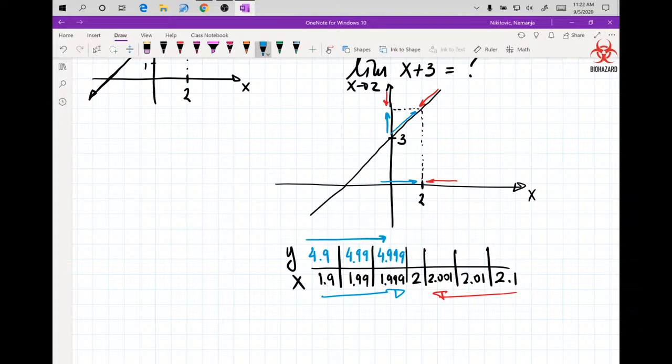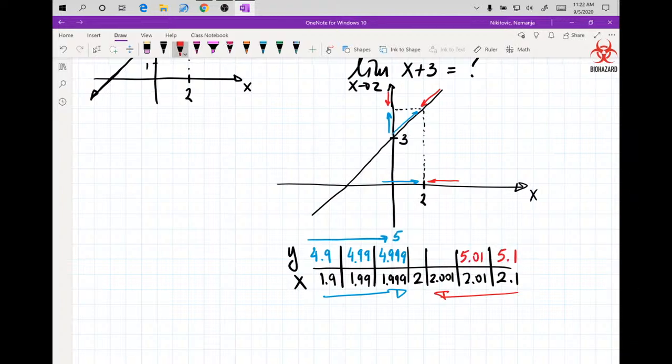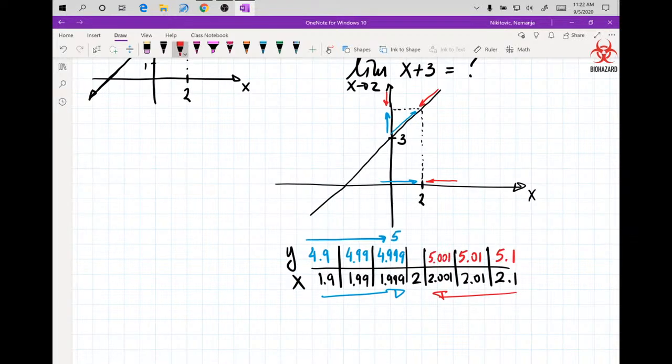So Romeo is approaching 5. Now what's happening on the Juliet side over here? 2.1 plus 3 is 5.1, then 5.01, then 5.001 when you compute, right? 3 plus 2.001 is 5.001. So where is the red one going? Red one is also going to 5, right? It's dropping down to 5.